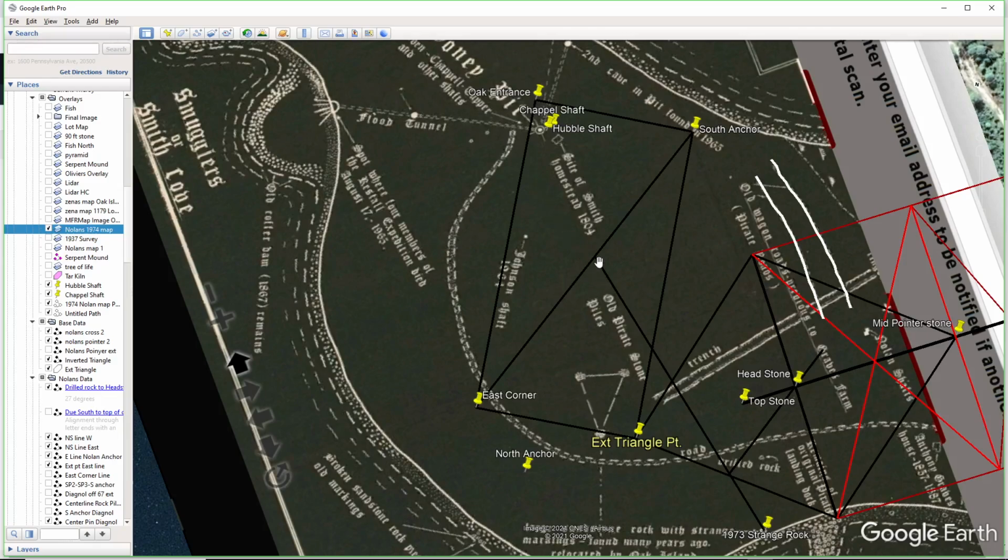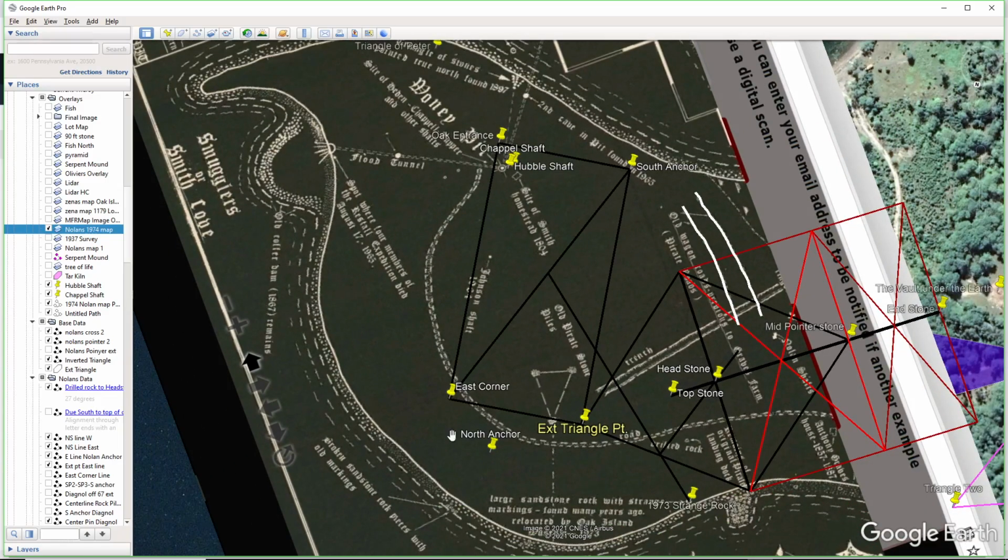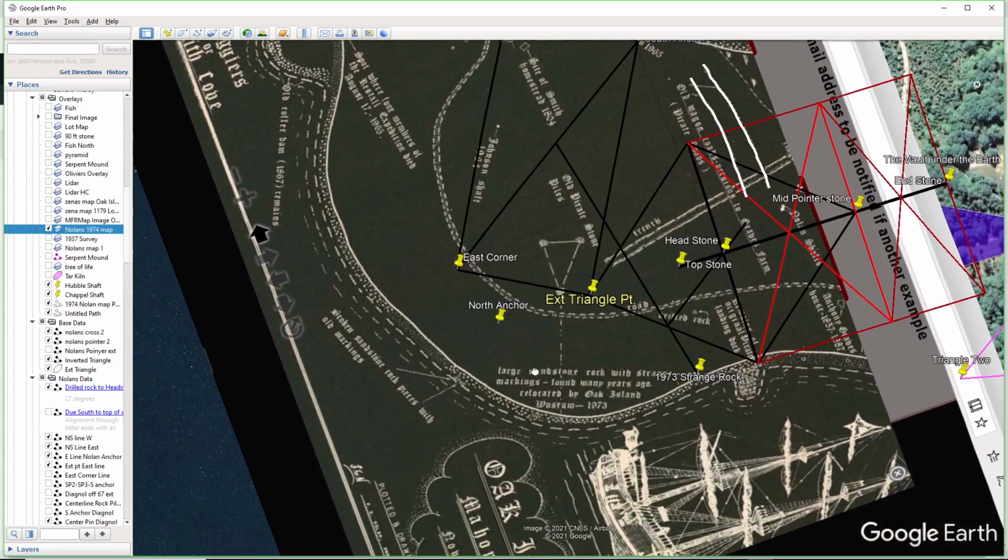But I terminated it here because I found that it intersected this 27-degree line, which if you watch previous videos you know about. It is an angle in which it connects the south anchor to the east corner, and that is important in lining up a north-south to the money pit. So anyway, that is one thing.